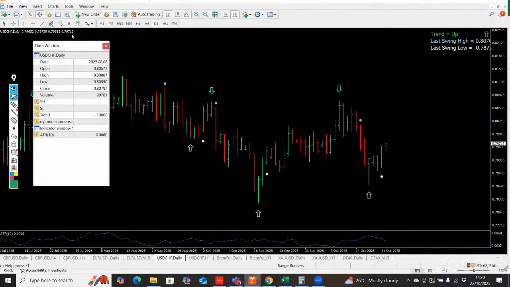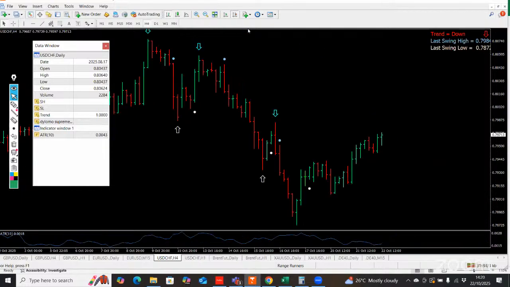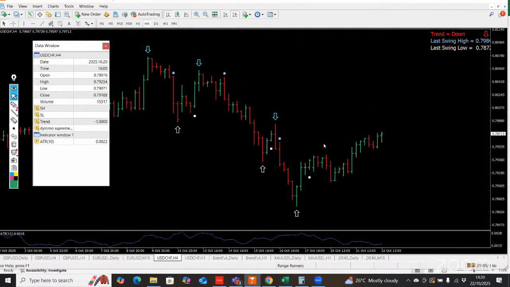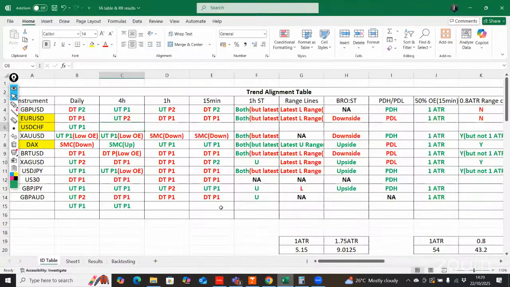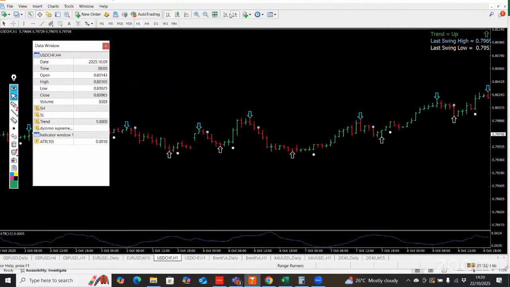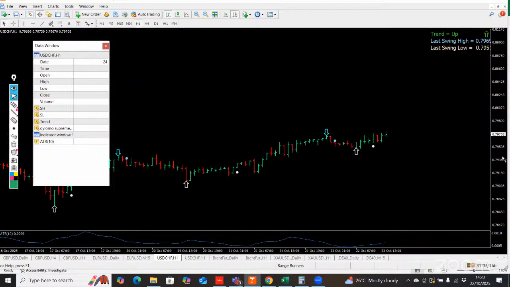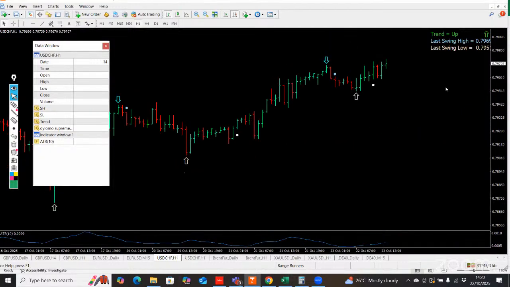Now, if I come back to here on the 4 hour, you can see that this is a downtrend phase two. Okay, it's a downtrend phase two over here. That's what we got. On the 1 hour, we can see that. Let me quickly do that. That's also an uptrend phase one on the dollar.